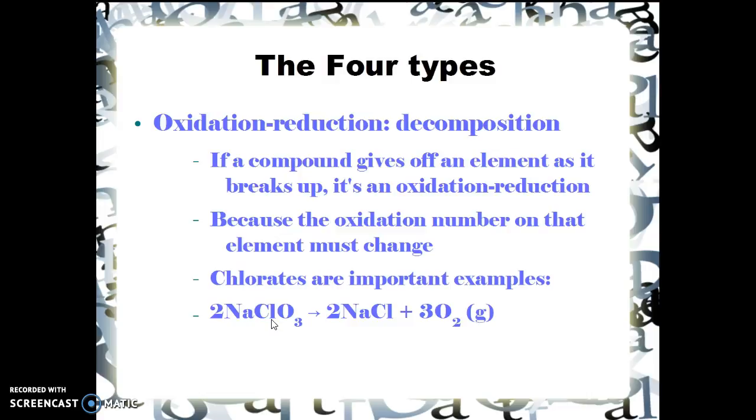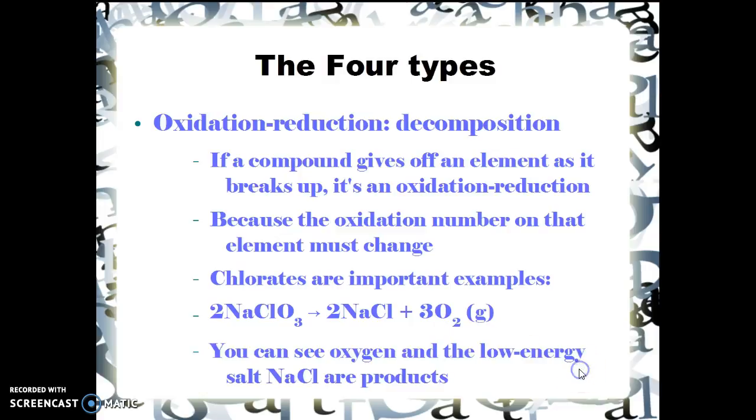And that's why this is an oxidation reduction. Moreover, you see an element, oxygen gas, coming off. And so the oxygen has had to have an electron shift in order to become neutral oxygen.